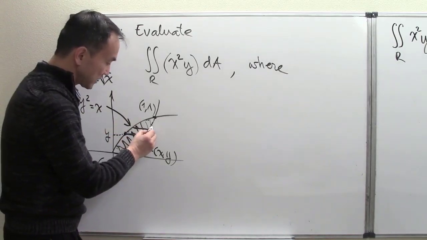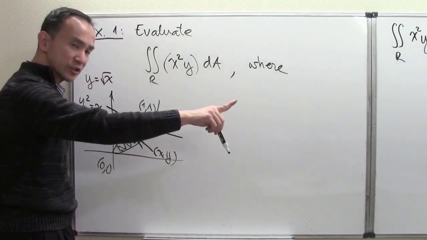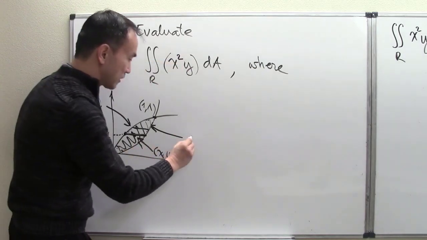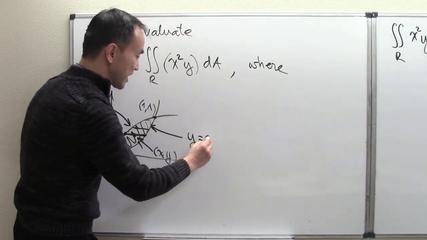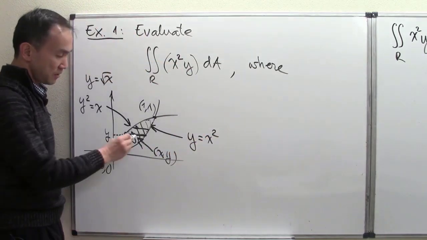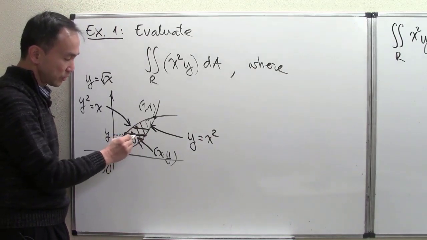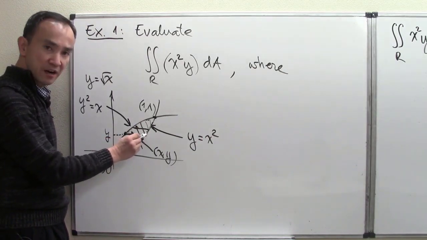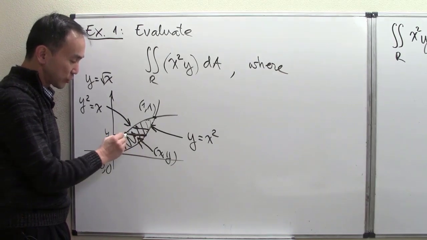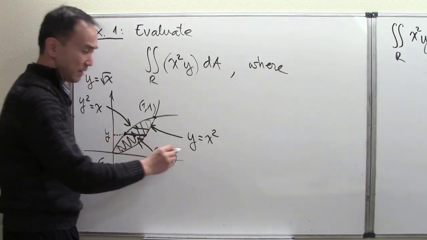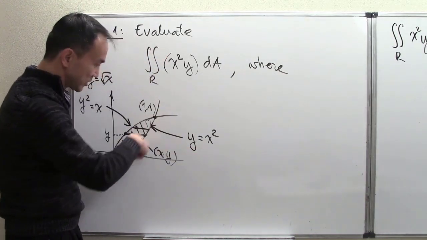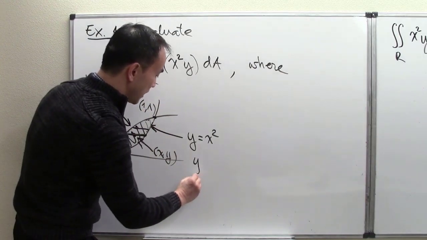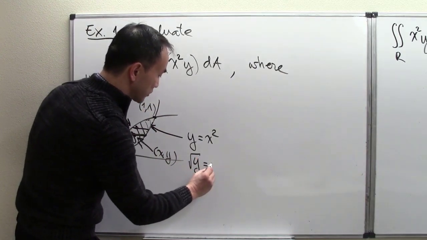Now this other curve, in the earlier solution of the same problem, I saw as y equals x squared. But now I'm seeing this as a curve to the right, that limits the right end of each one of our horizontal stripes. So I'm going to re-express this curve as square root of y equals x.